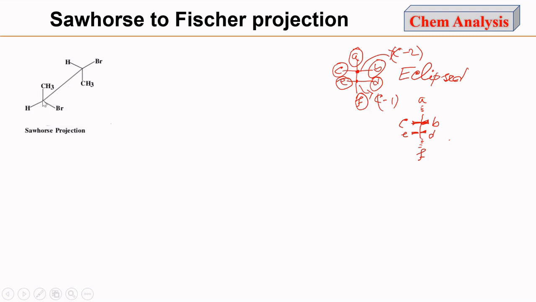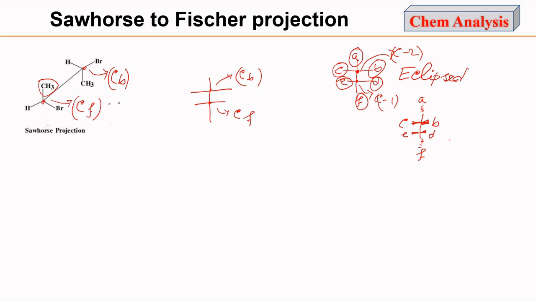In that case, if you see the molecule along this front carbon to back carbon, consider this carbon as front carbon CF and this carbon as back carbon. So in the Fischer projection formula, for that you have to rotate the substituents attached to this front carbon center, and you have to bring the methyl group below the plane.